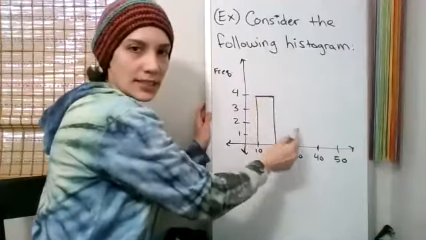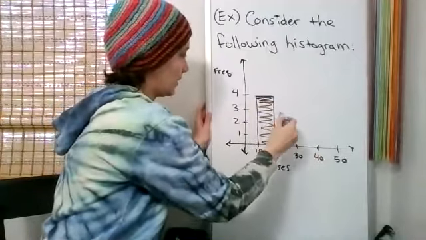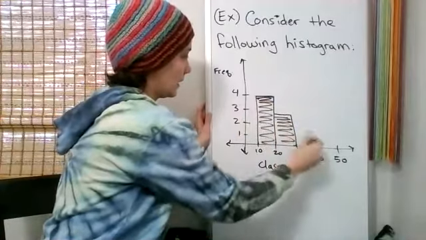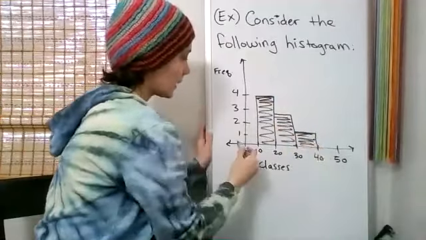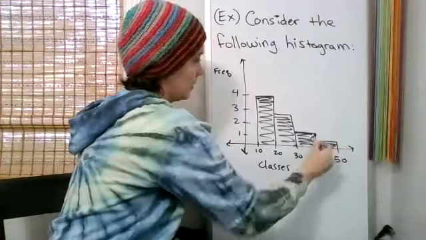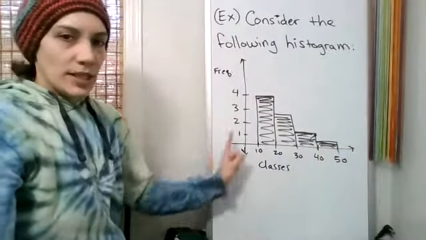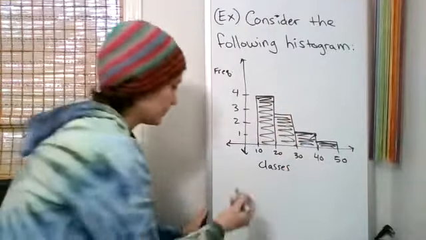And we're actually just going to descend. So the next class will have height 3, then height 2. So what is the frequency of the second to last class between 30 and 40?